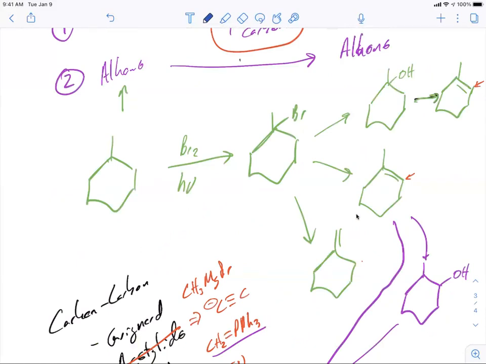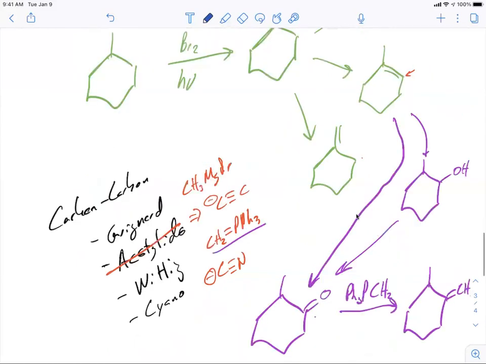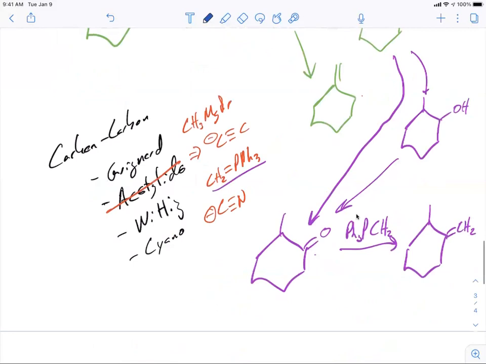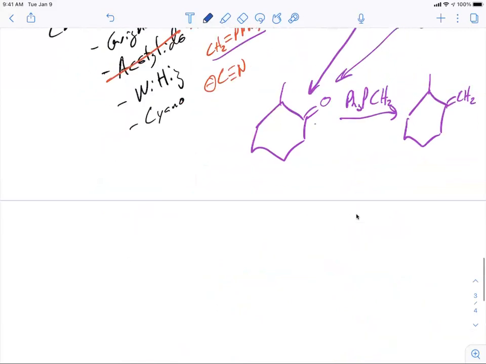So I figured out a few things there. I've said, okay, what are my options with my carbon-carbon bond forming? Oh, look, the Wittig would be really convenient. Is there a way for me to do the Wittig? Oh yeah, there's a way to do the Wittig. And so now what I would do, instead of worrying about your reagents, is just worry about the transformation steps.